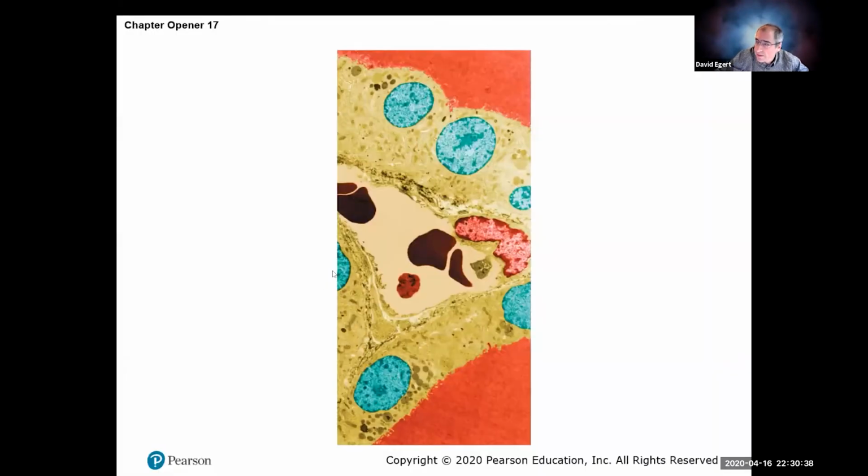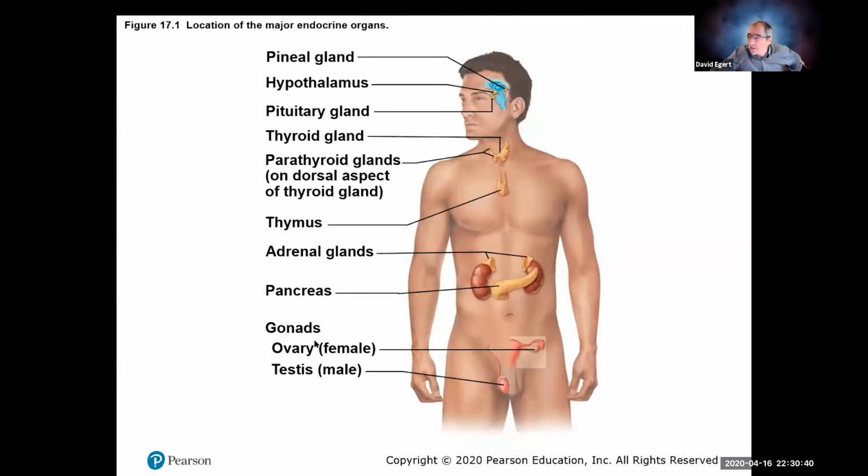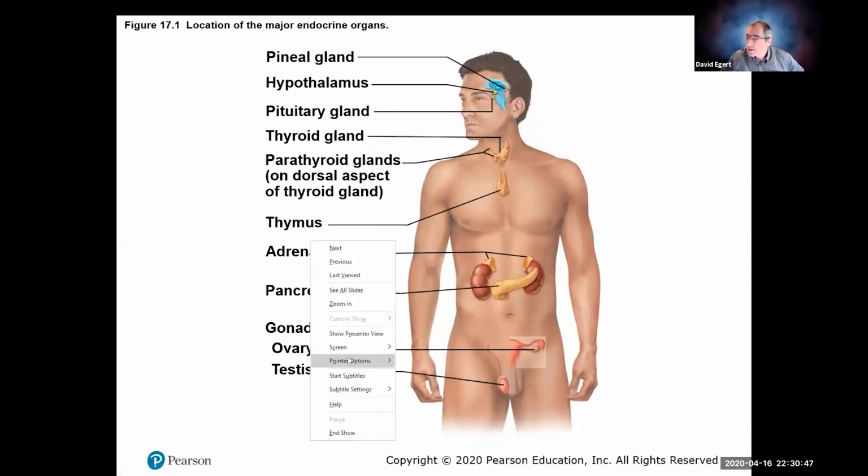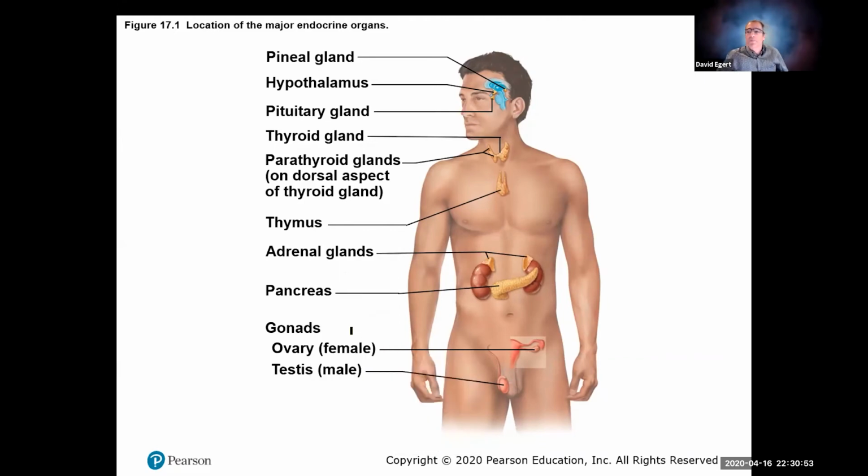Okay. So first things, you should know where all the different glands are. And I'm going to have to go into lab at some point before we're done and find my very favorite model, which is the little endocrine baby, which I think I showed you once.